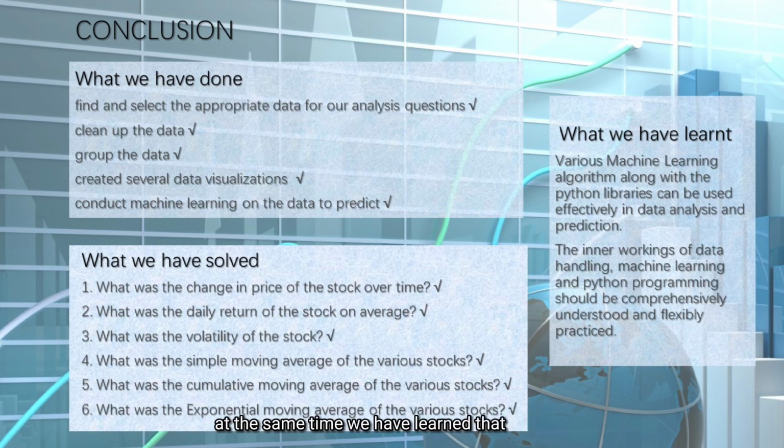At the same time, we have learned that various machine learning algorithms along with the Python libraries can be used effectively in data analysis and prediction, and the inner workings of data handling, machine learning, and Python programming should be comprehensively understood and flexibly practiced.